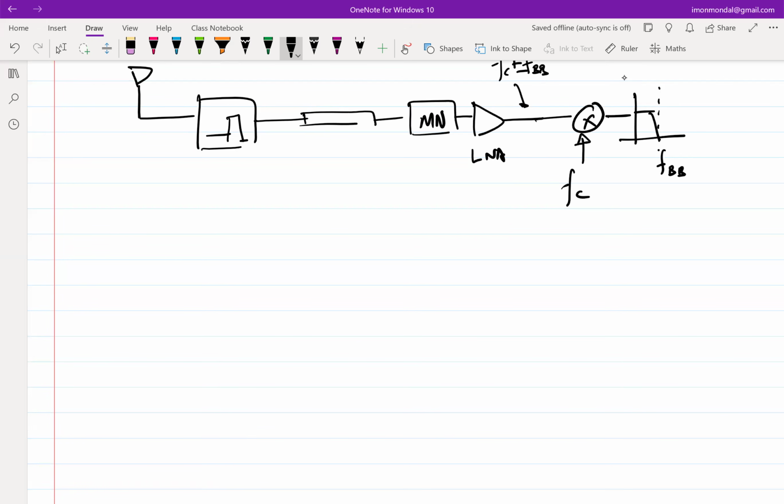So this is the generation of a clock having a frequency FC.